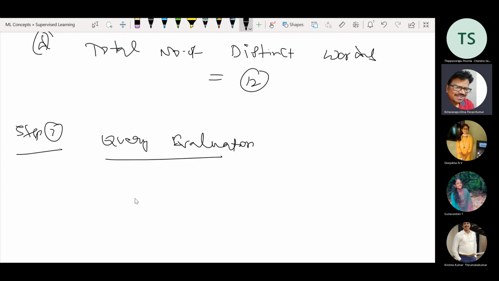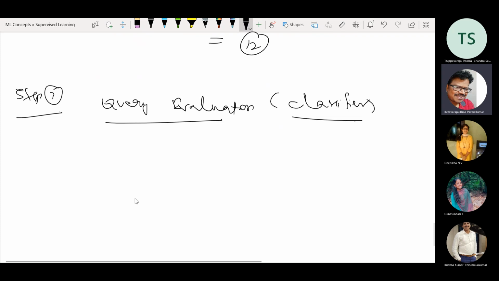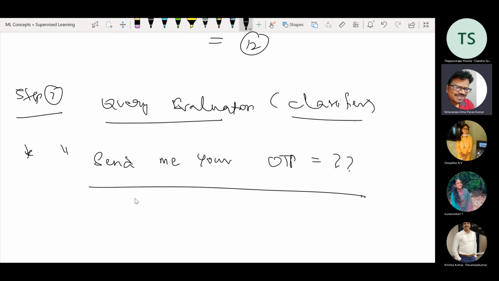Evaluation in the sense here, I can use a classification or classifier. Now you observe, guys, my query is: send me your OTP. I want to find out whether this is a spam or not spam statement.